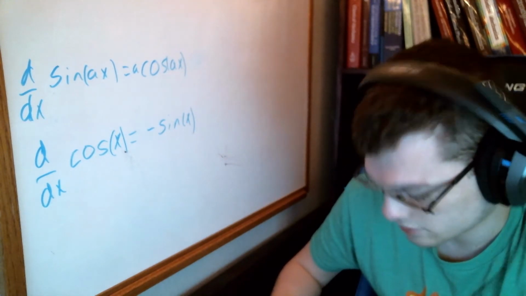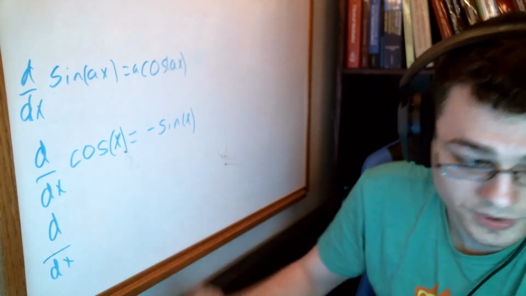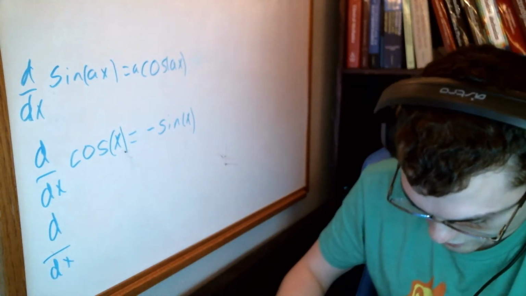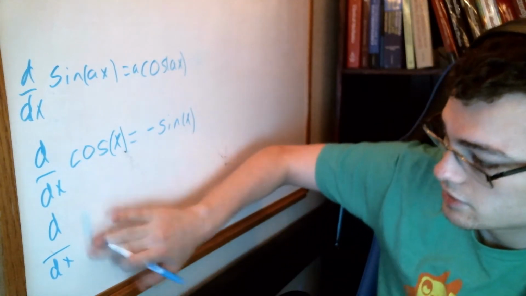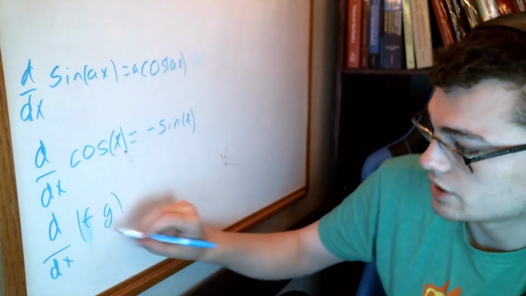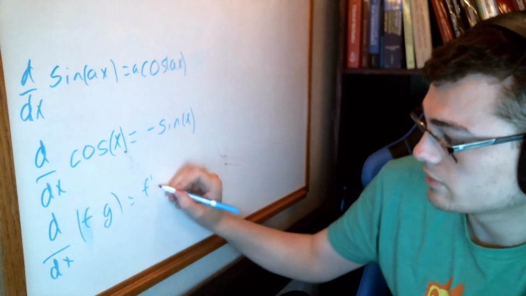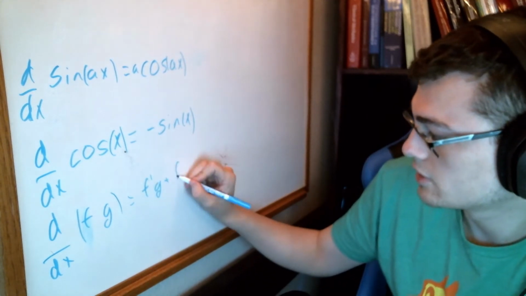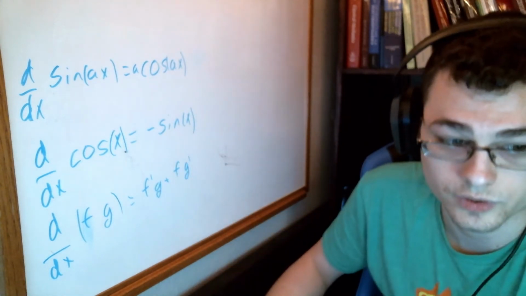Product rule, very quickly, we'll just gloss over this because this is stuff that most of you guys should know. So if you have two functions, f and g, you take the derivative of the first function, so f prime times g plus the original function f times the derivative of your second function g.